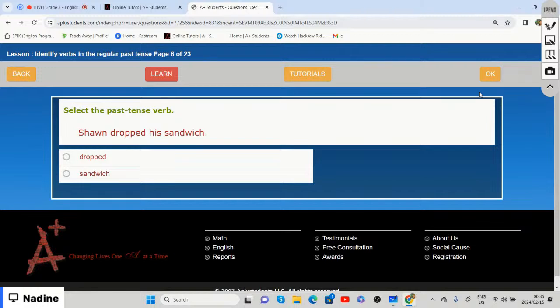So Sean dropped his sandwich. We need to select the regular past tense. Is it dropped or is it sandwich? Which one is the correct one?